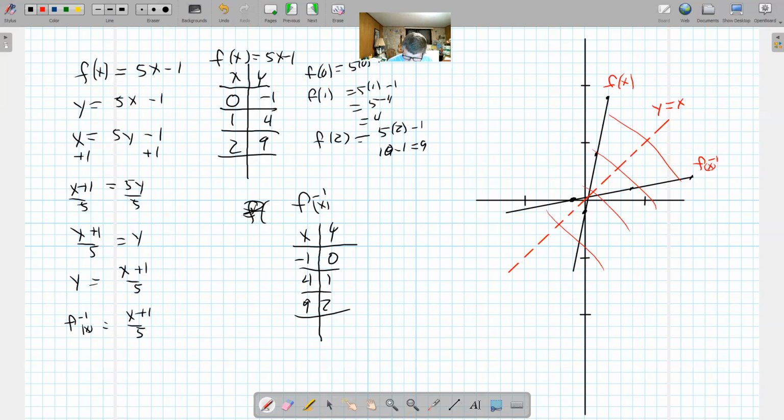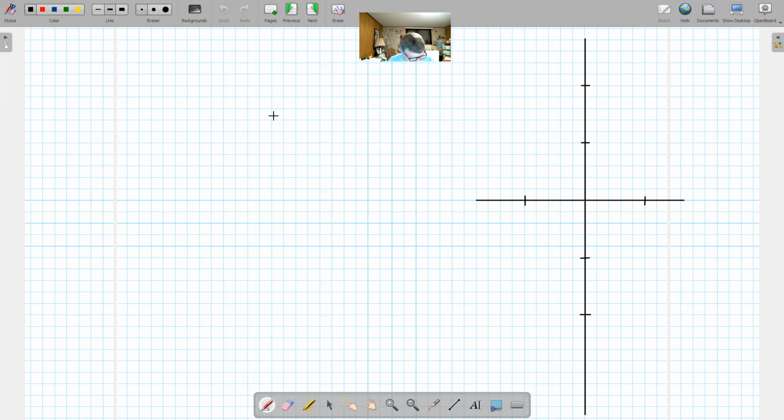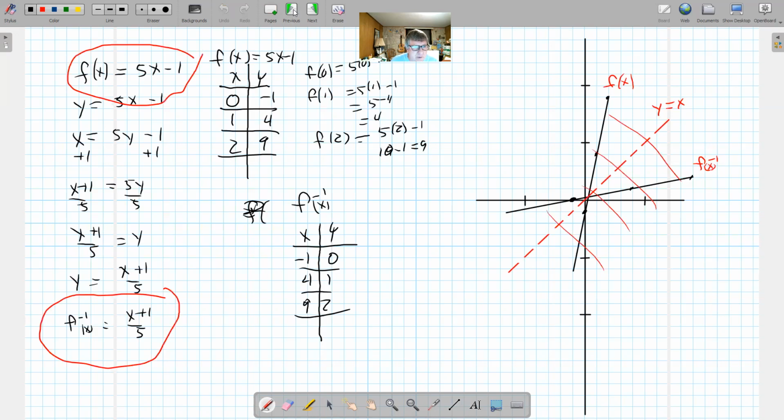Okay. All right. I want to do another thing with these two functions, f of x and f inverse of x. So we're going to go to the next page, and I'm going to have to recopy.